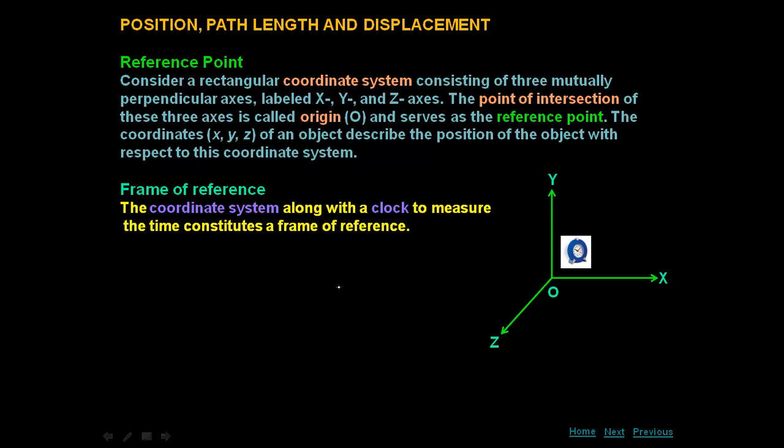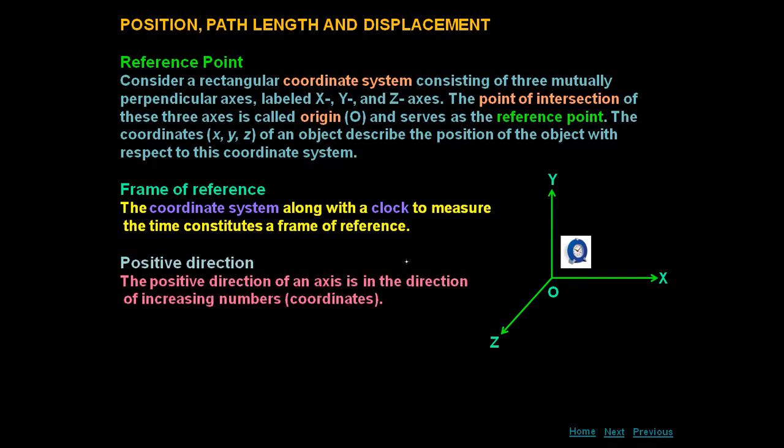Whenever we place a clock at this origin, along with the origin or the beginning point, the time is included. That becomes a reference point or frame of reference. The positive direction of an axis is in the direction of increasing number or coordinates.